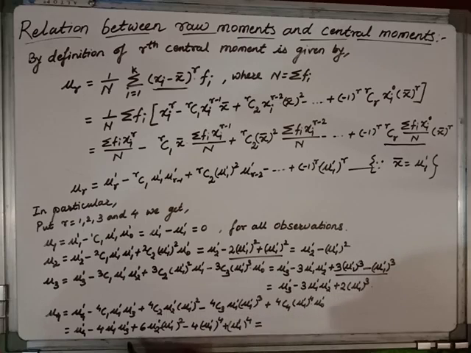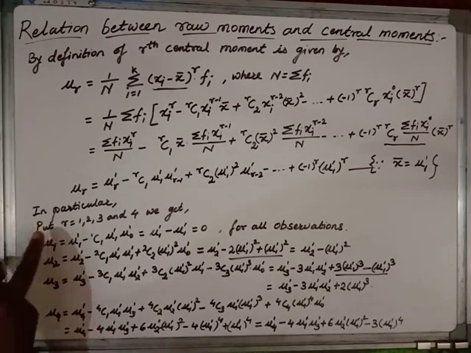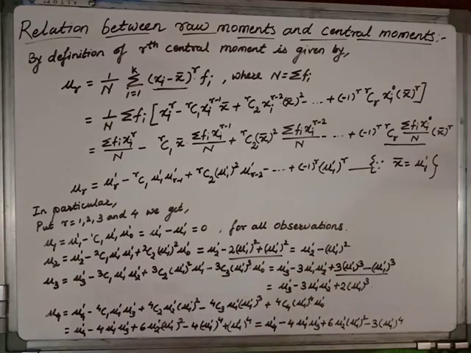So this is equal to mu4 dash minus 4 mu1 dash mu3 dash plus 6 mu2 dash mu1 dash square, minus 3 times mu1 dash raised to 4. These are the relations between the first 4 central moments in terms of the first 4 raw moments.